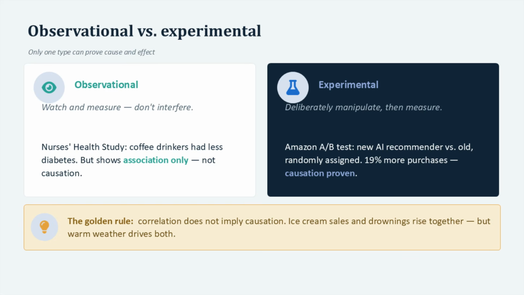And hot weather also makes more people go swimming. So ice cream sales and drowning deaths move together, but one does not cause the other. A third factor is influencing both. Later in this module, we're going to come back to this idea and look much more closely at why relationships in data can sometimes fool us.